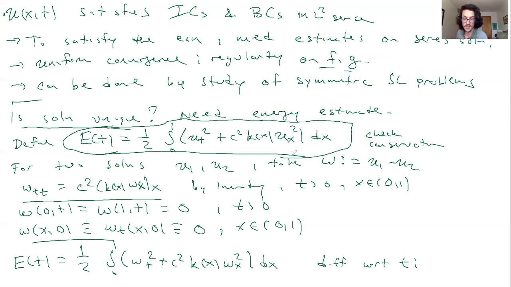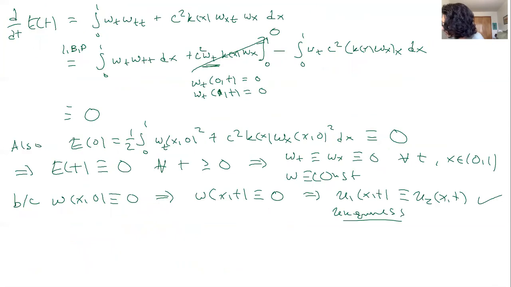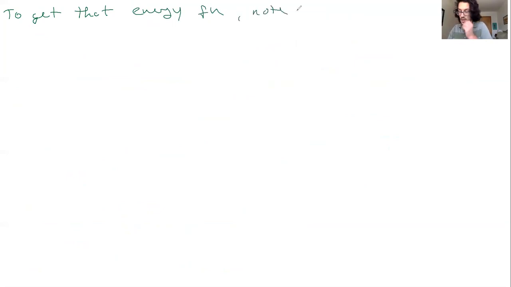So one way is to work backwards from the PDE and figure out how you're going to be able to use the PDE. So to get that energy function, note the following: the original PDE times u_t is what?